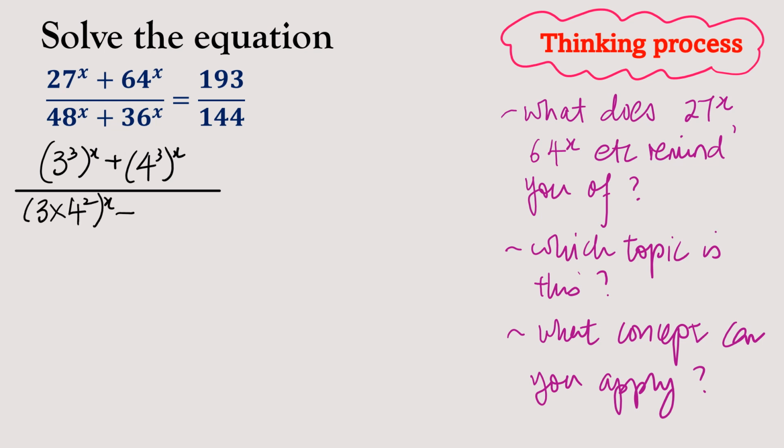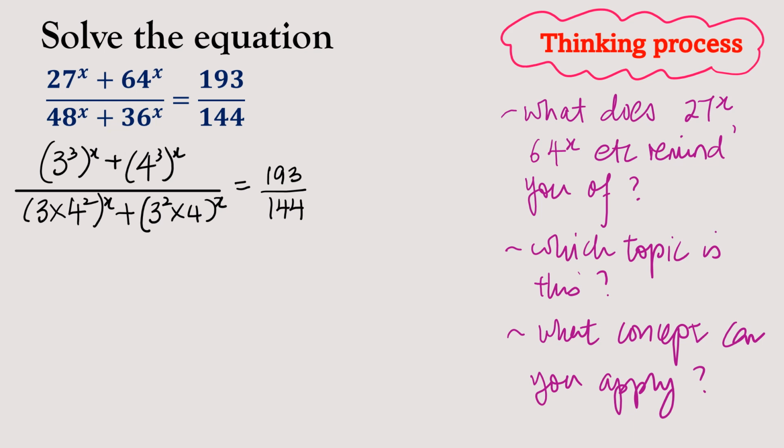And 36, how about 36? Yes, we can break it up further into 3 squared times 4. Right, so that is the reason why we expressed 27 as base 3 and 64 as base 4, because this is how all these numbers are connected to one another.